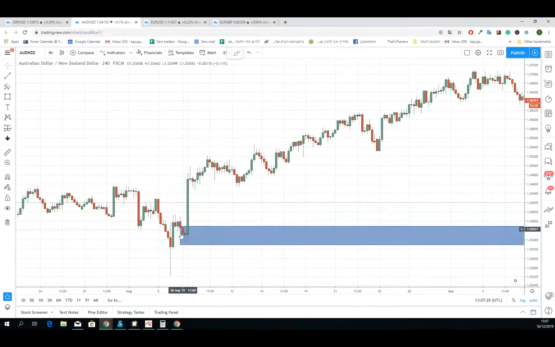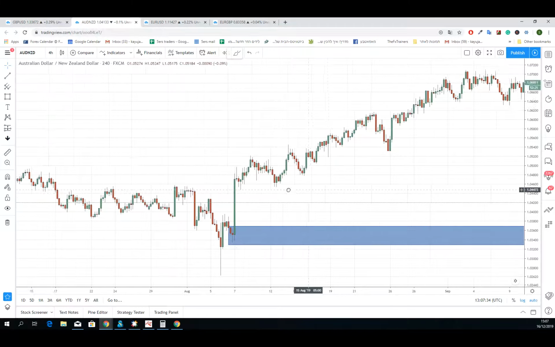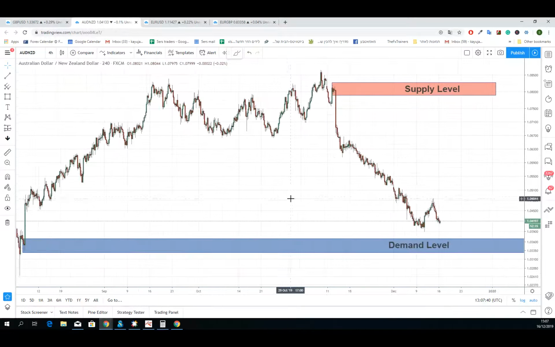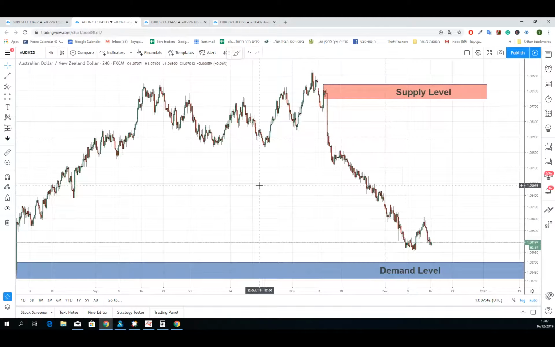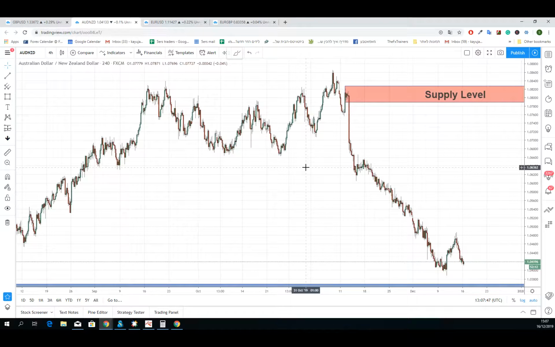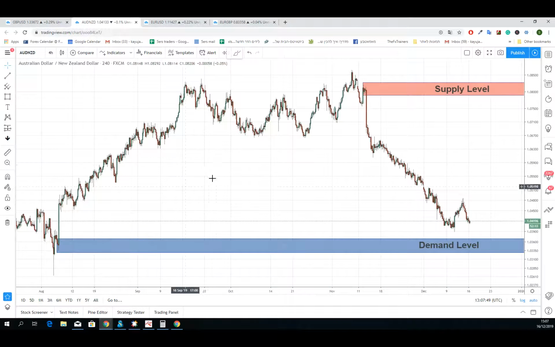This is the demand that the price created here about 3 or 4 months ago. So this demand will be a great level to buy AUD NZD, and this supply above will be a great level to sell. Both of these levels seem to be holding unfilled orders that are still waiting for the price to come back there.